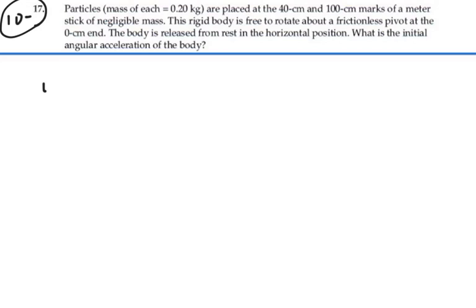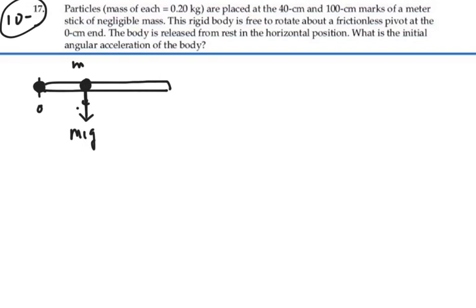Alright, so what do we have? We've got a meter stick that's free to pivot about the 0 centimeter end, and then at 0.4 meters we've got ourselves a mass, and so there will be m1g, that mass being 0.2 kilograms, and then at the 100 centimeter end we've got another mass.